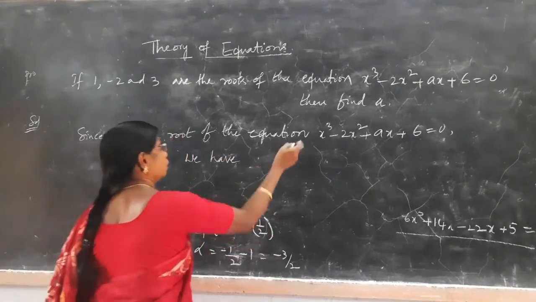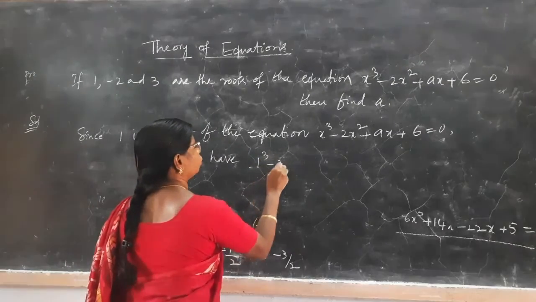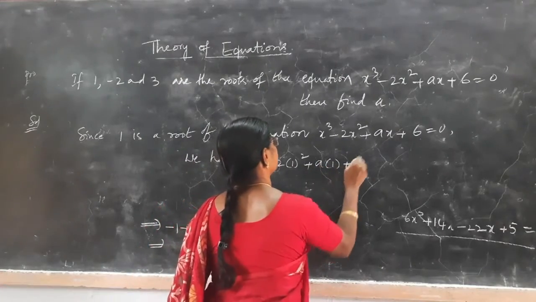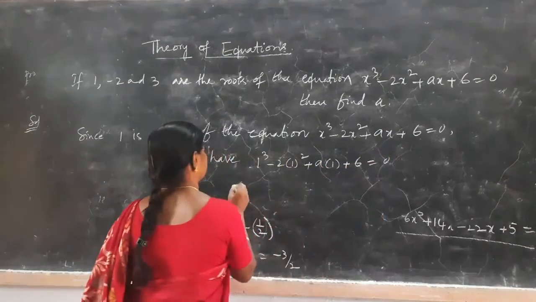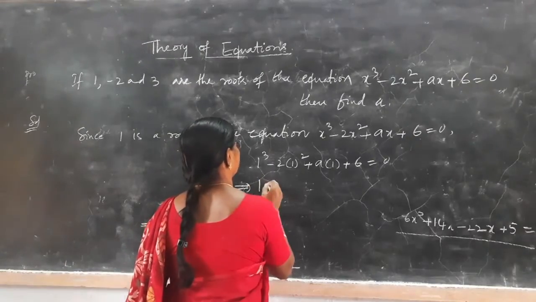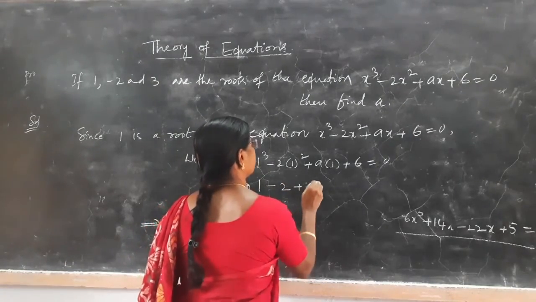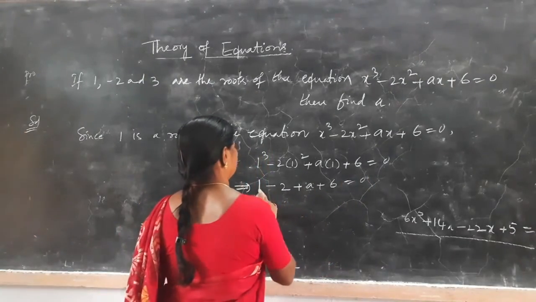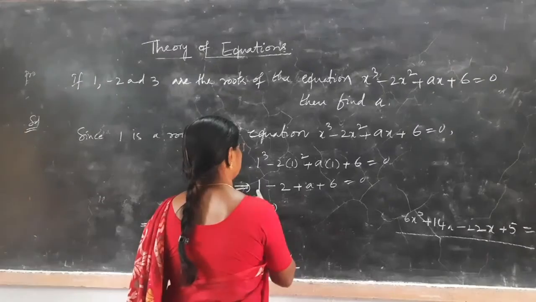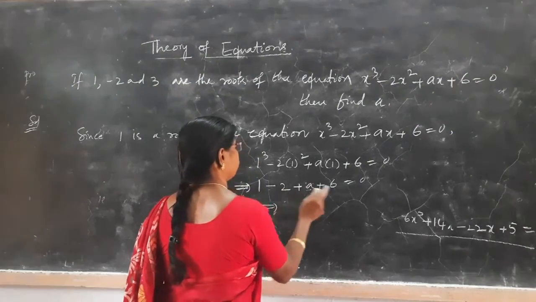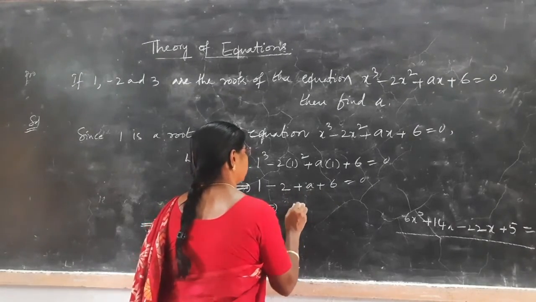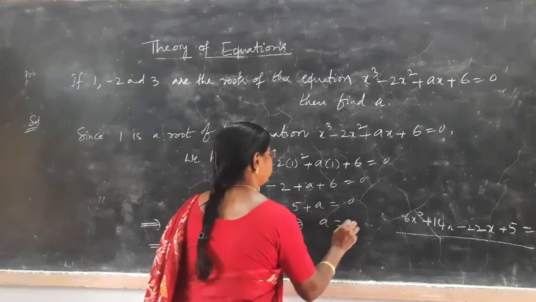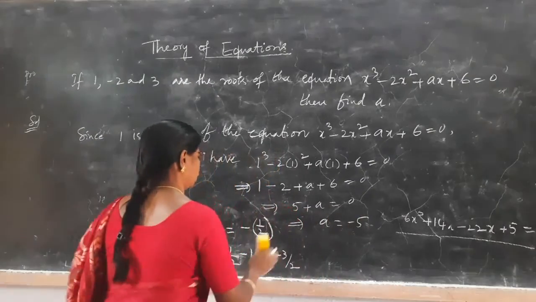So substitute 1 here. 1 cube minus 2 into 1 square plus a into 1 plus 6 is equal to 0. This implies 1 minus 2 plus a plus 6 is equal to 0. 6 plus 1, 7 minus 2, 5. So 5 plus a is equal to 0. This implies a is equal to minus 5. Okay?